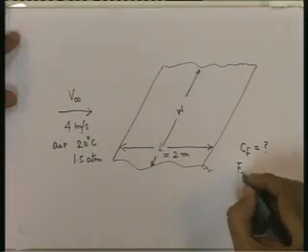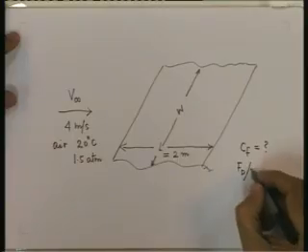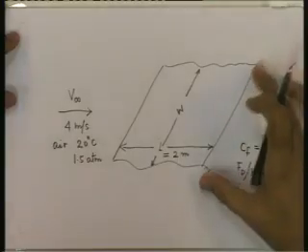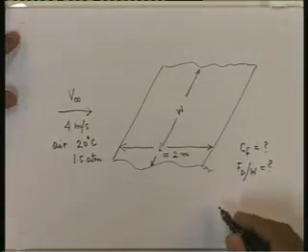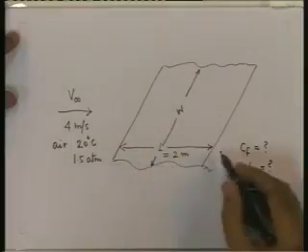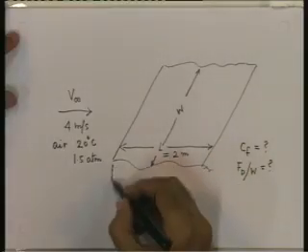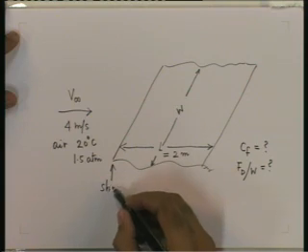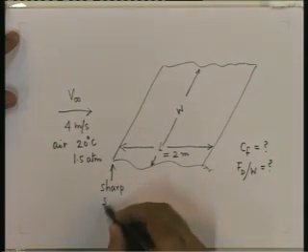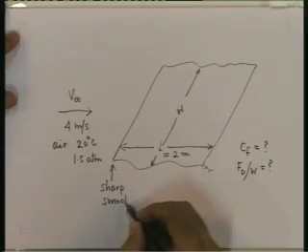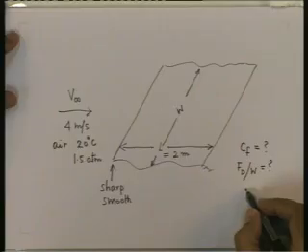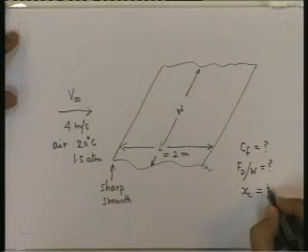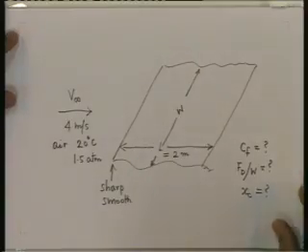We have to determine the drag force per unit width or per unit span. We have to determine what type of boundary layer we have, assuming a sharp leading edge, sharp and smooth, and if there is a transition to turbulence, what is the location where the transition takes place.